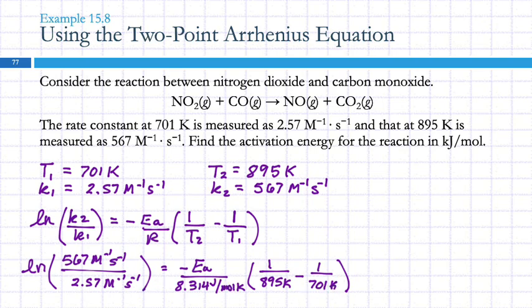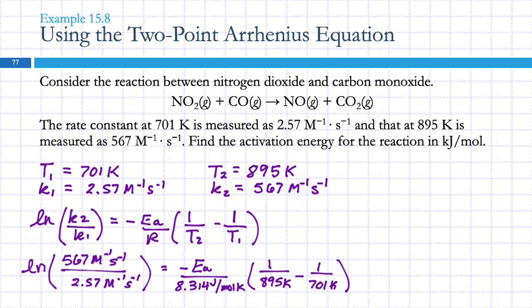Now we solve for EA. So again, I think it would be really nice to do this with the solver on your calculator, right? So again, if you want to use one of these and do the solver, just say, hey, pass me one. So I'm going to do natural log of 567 divided by 2.57, close the parentheses.